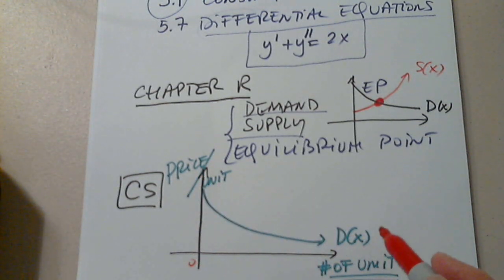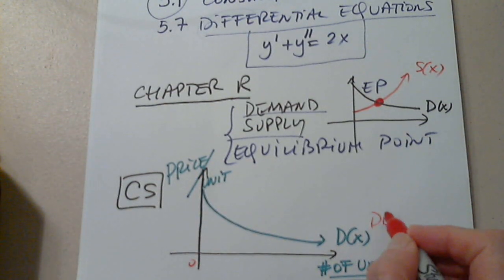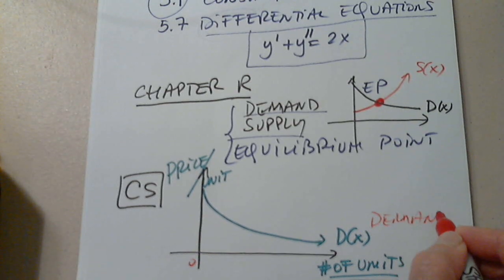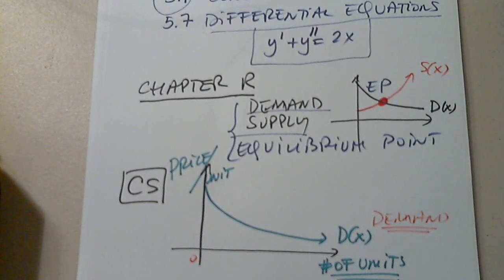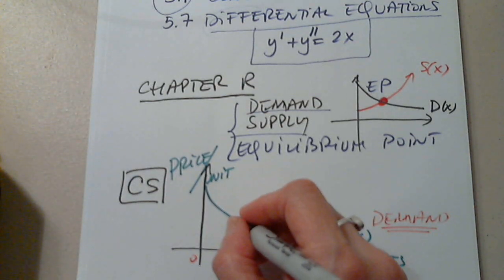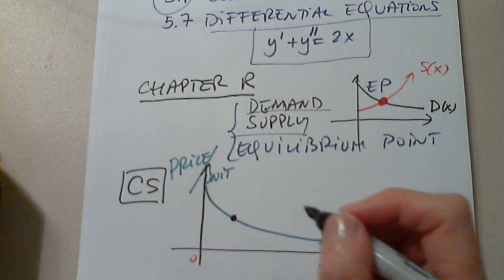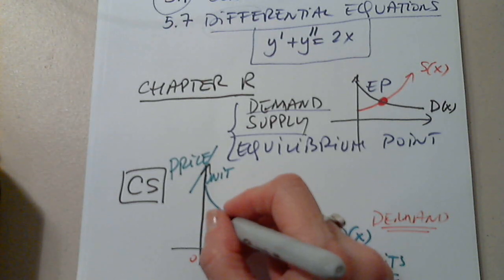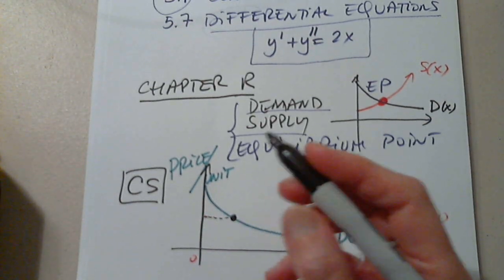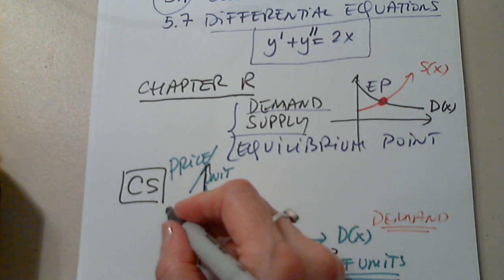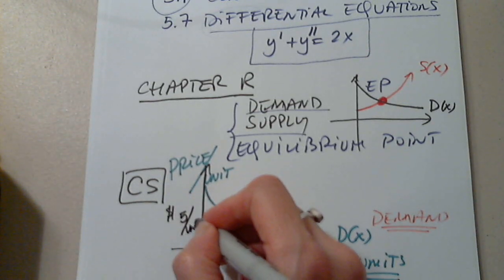Let's take a look at this demand function, and at any point on it. So let's say here, for this price per unit, I'm going to say $5 per unit.